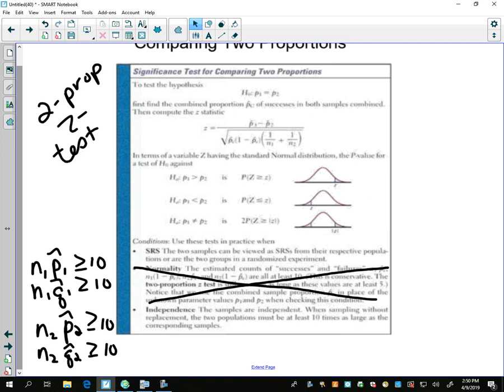The two populations must be at least 10 times as large as the corresponding samples. So again, I sound like a broken record, but if they're coming from an experiment and they're both randomly assigned, then that's good enough to say that the two groups would be independent. But you also want to make sure that if you're drawing from two distinct populations, that each population would be at least 10 times as large as the sample.